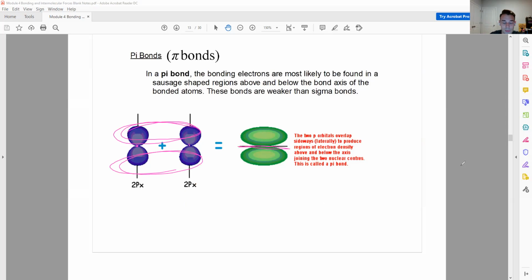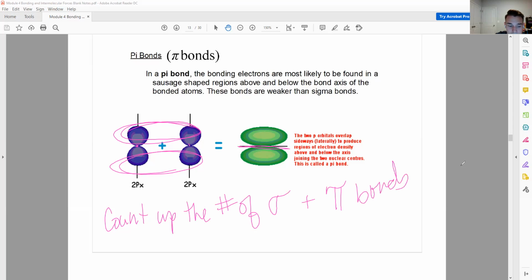And that's going to give you a pi bond. What do we need to do with this? We simply need to be able to count up the number of sigma and pi bonds in a molecule. That's all we want to be able to do with that.